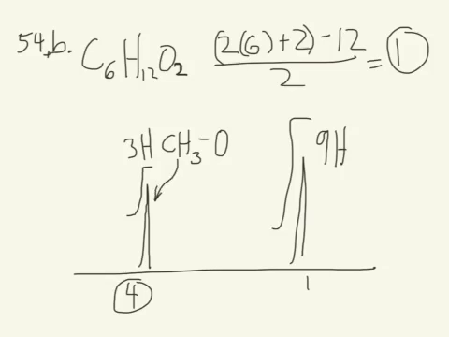The signal on the right, I'm going to guess that this is due to 3 symmetrical or equivalent methyl groups. And because there's no splitting of this signal, and because it's the only thing that makes sense, I'm going to say these guys are bonded to a quaternary carbon.